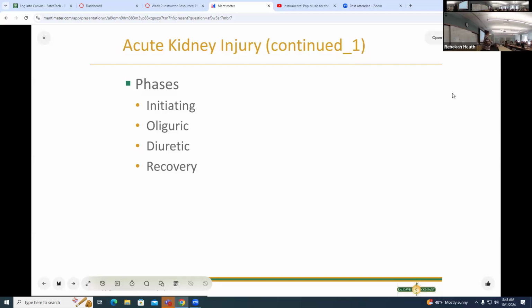Right, you can take the labs and the cultures. And you're looking at other signs and symptoms too. If you're in a long-term care facility where somebody doesn't have labs, how much is their urine output?